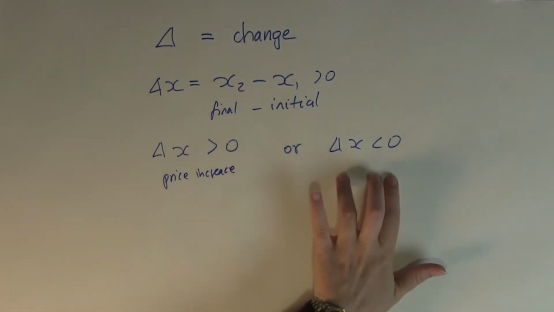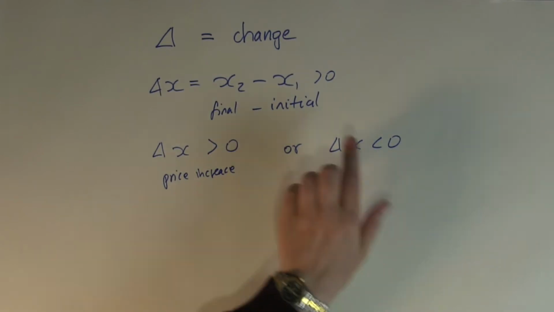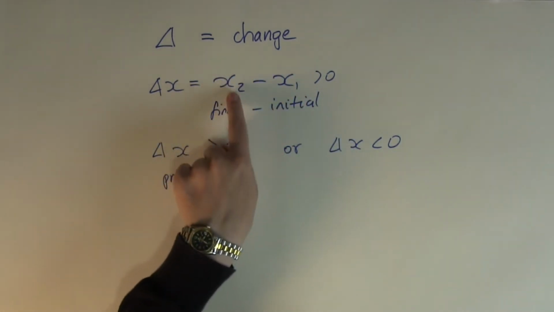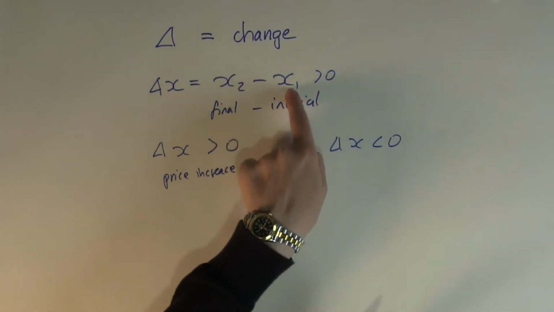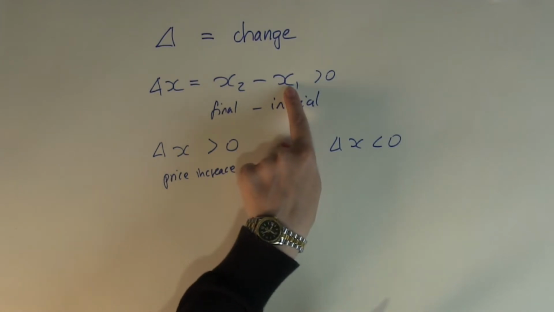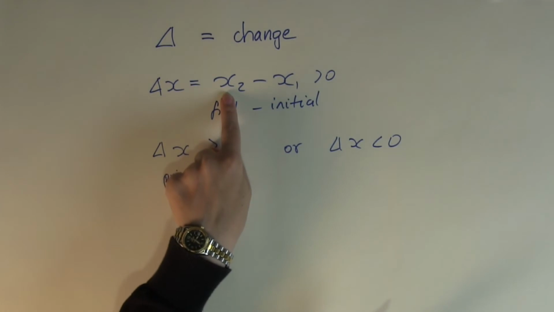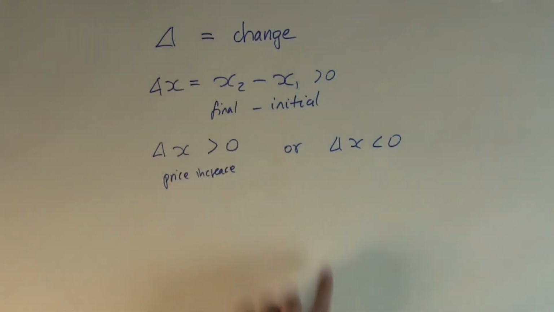Now, what does it mean if I'm talking about negative? Well, if I end up with a negative in the difference, that means that x1, the quantity I'm taking away, is the bigger one. So that means that the initial price was bigger than the final price, if we're talking about price, or the initial quantity was bigger than the final quantity.